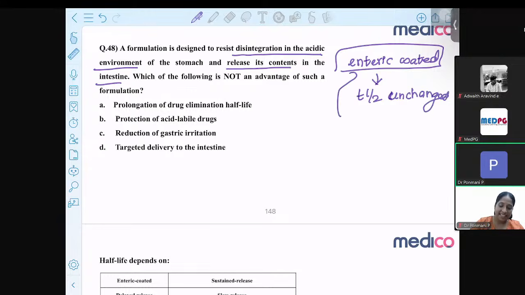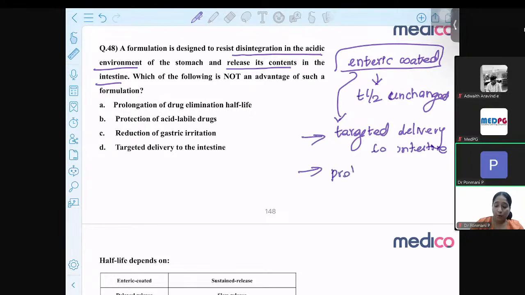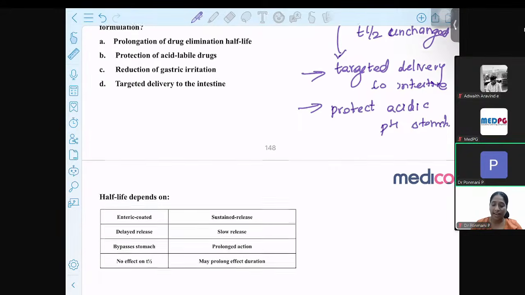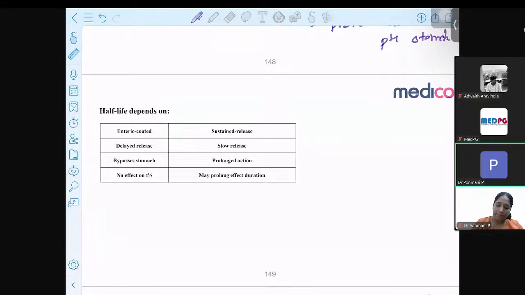The only reason is to get a targeted delivery to the intestine, and the other reason is to protect from the acidic pH of the stomach. Enteric-coated means it is a delayed release tablet. It bypasses the stomach. It has nothing to do with the half-life.